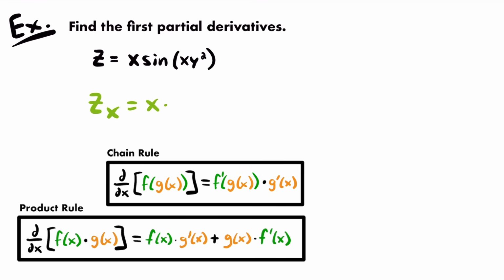You start by taking the derivative of the outside function, keeping the same inside function, and the derivative of sine is cosine, so we'll have cosine of that same inside function, x times y squared, and then you multiply by the derivative of the inside function.